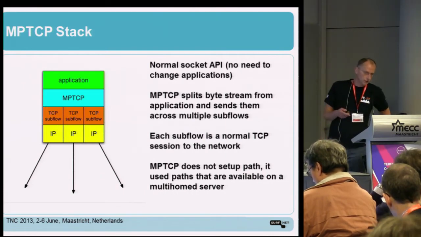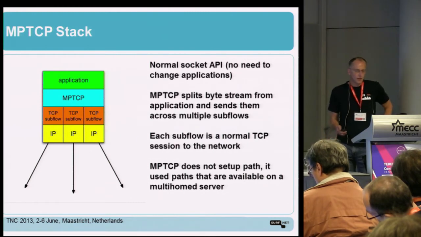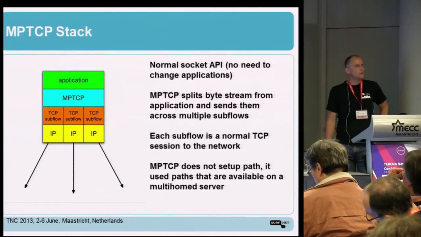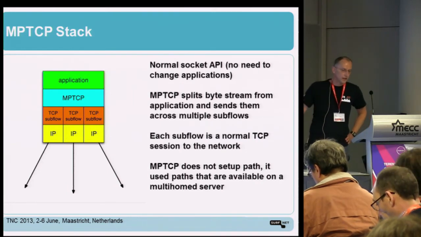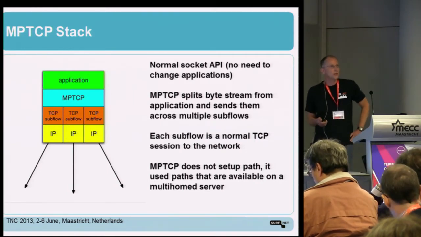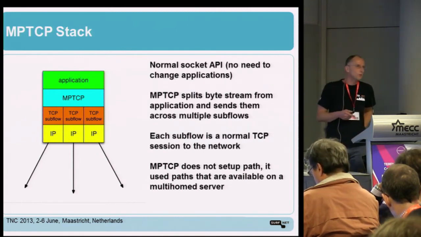It gets an ACK back, and in that ACK, if the other server is also MPTCP capable, the header option that the receiving server is also MPTCP capable is set.